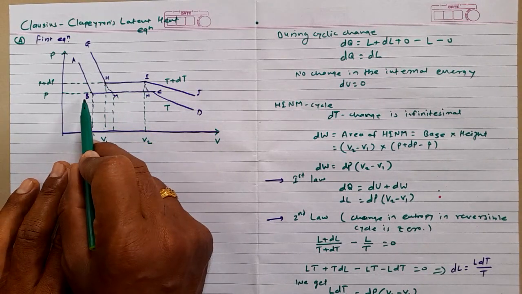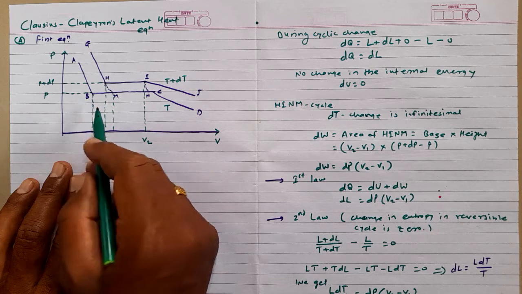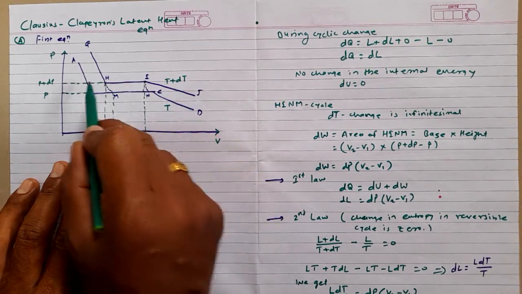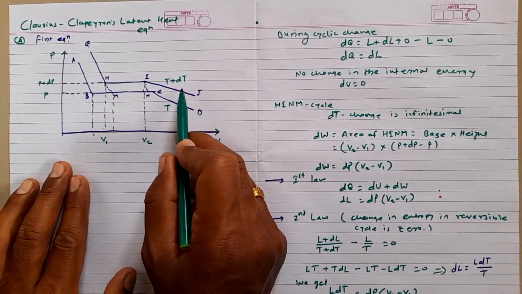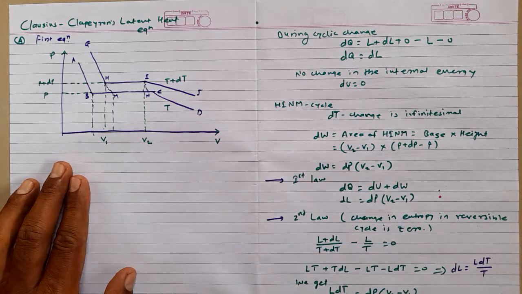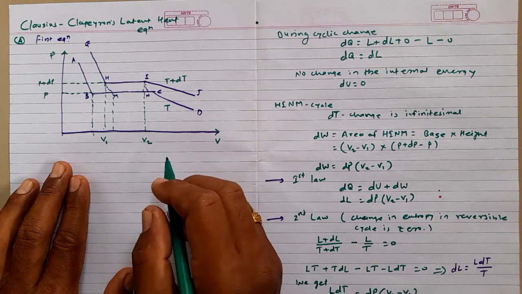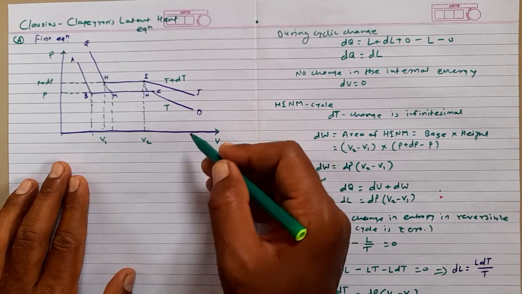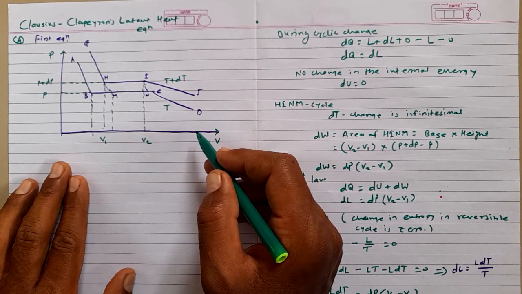The temperature corresponding to ABCD is T, and for the other curve, GHIJ, it is T plus dT, some small change in the temperature, right? These isothermals are well below the critical temperature, okay.